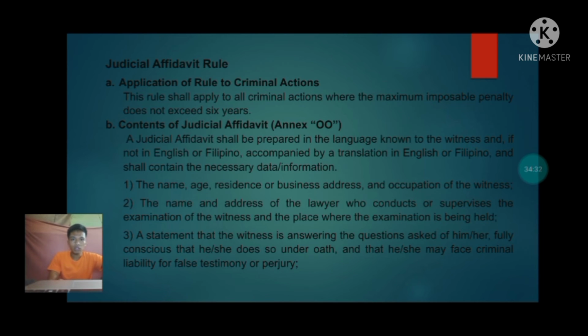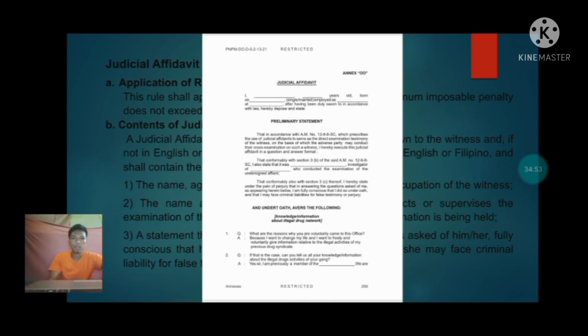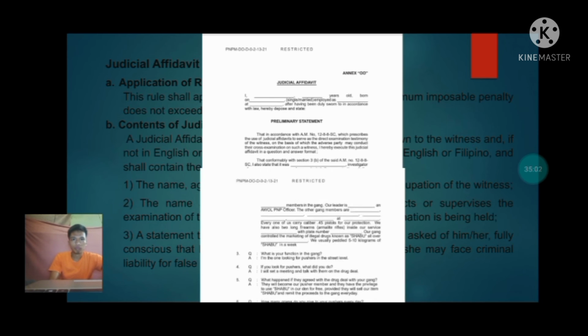Number 3 is a statement that the witness is answering the questions asked of him or her fully conscious that he or she does so under oath, and that he or she may face criminal liability for false testimony or perjury. So ito ang form ng judicial affidavit, preliminary statement at under oath.